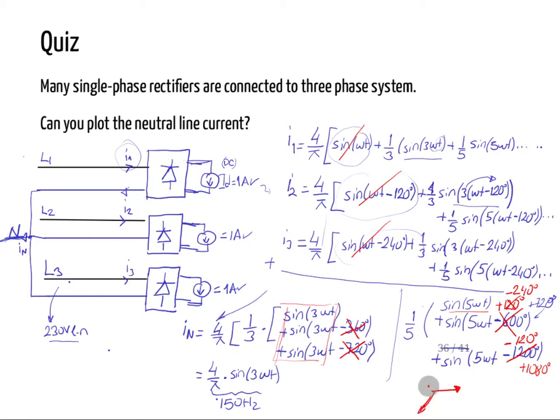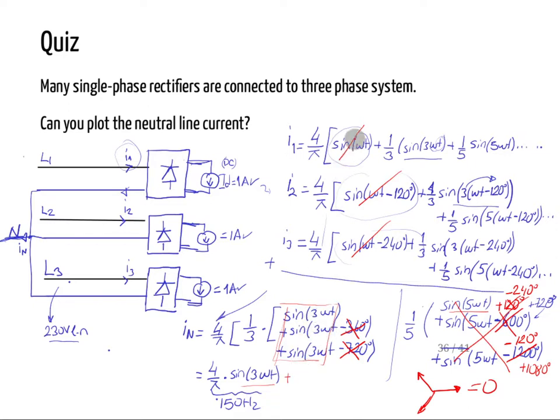And we have the other component at positive 120 degrees or minus 240 degrees. It doesn't really matter. At the end of the day, they all cancel each other as well. So the fifth component goes away. So we have the third component, and you can do the same thing for the seventh component, and you will see it will cancel itself.